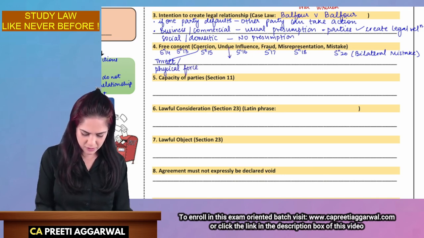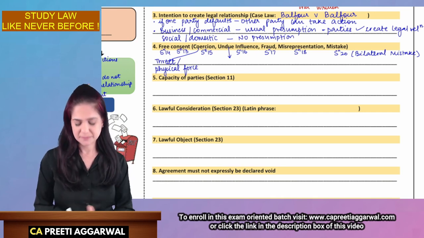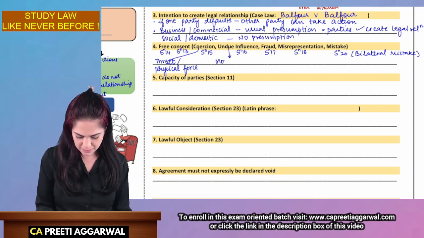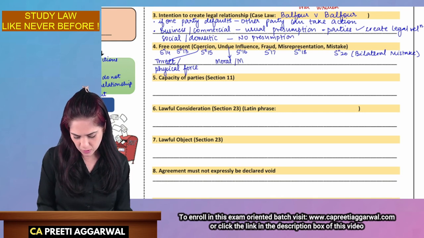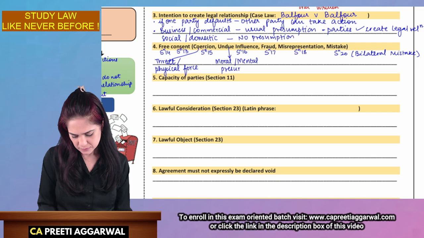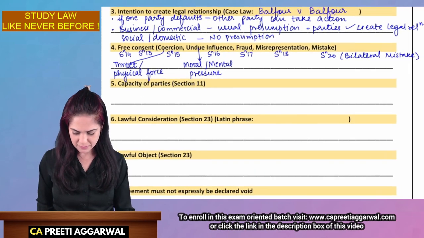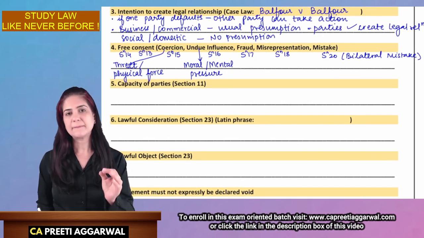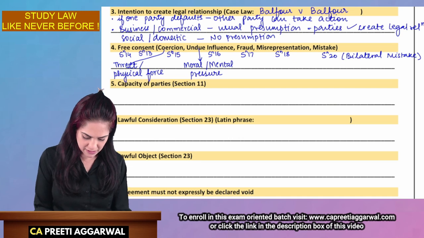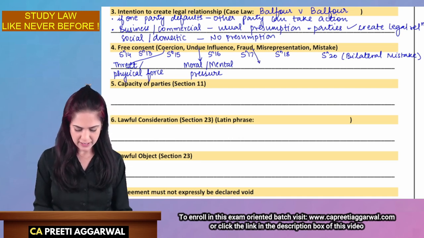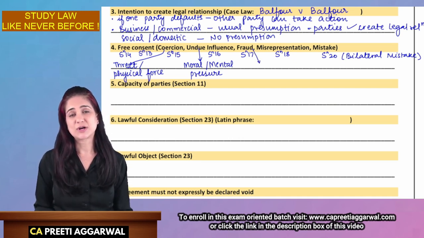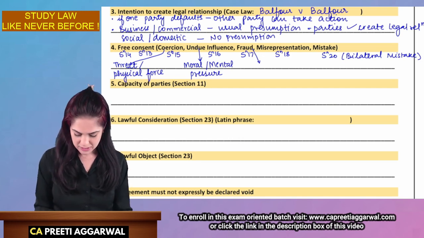What are my keywords in undue influence? There is some moral or mental pressure. What are my keywords in fraud? Tell me.